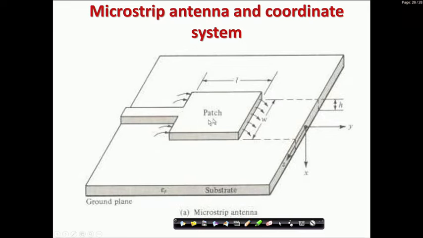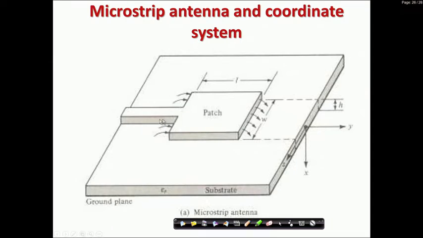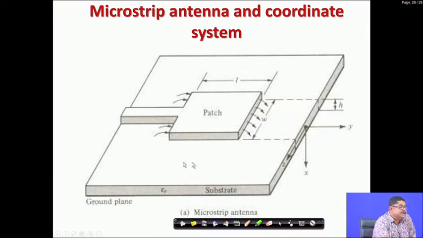But we will now see, if you look at this microstrip antenna, this top layer is called the patch, this is a metallic thing. Also, you have the ground plane. So, between these two metallic structures, you have some substrate that is a dielectric.